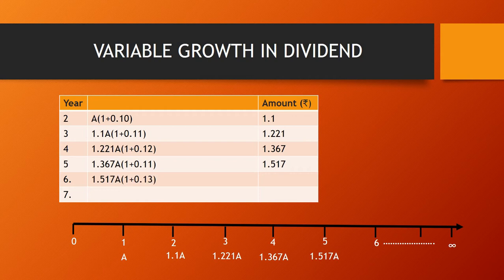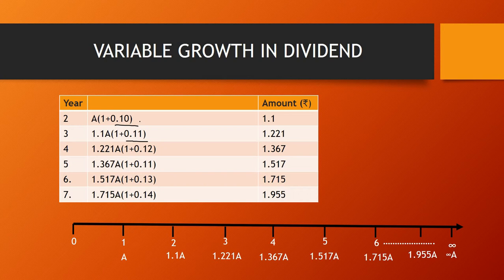In the next year, the growth rate is 13%, so your amount will be 1.715. In the 7th year, your growth rate is 14%, so your amount is 1.955. Now you will observe that this growth rate G is changing.